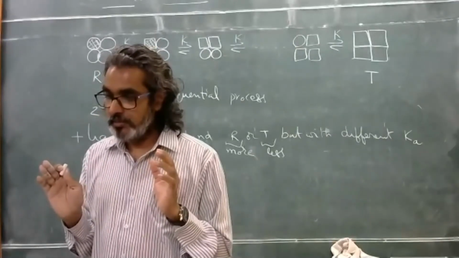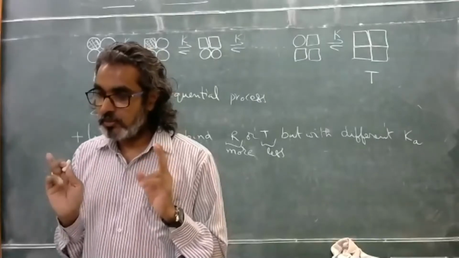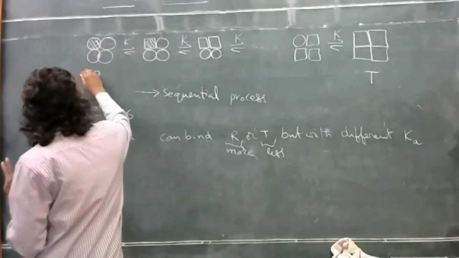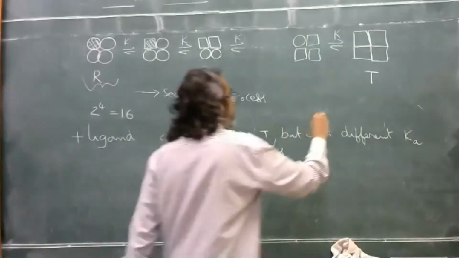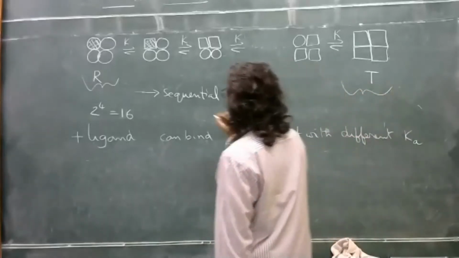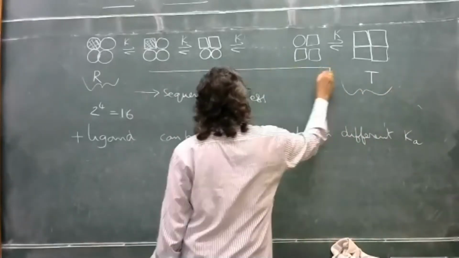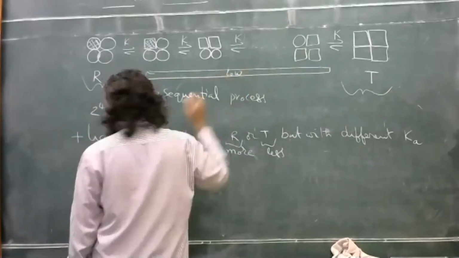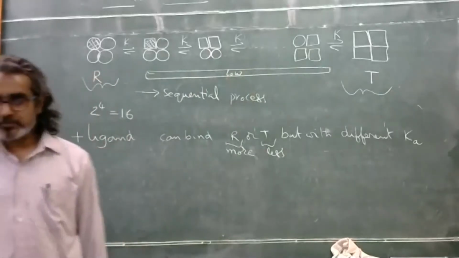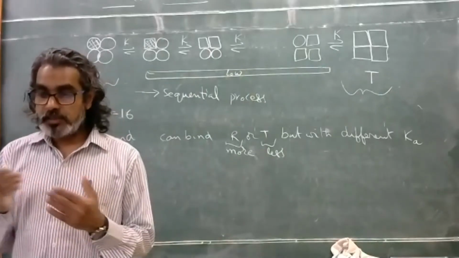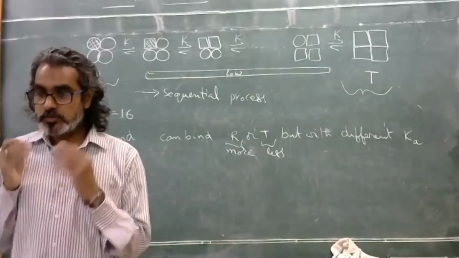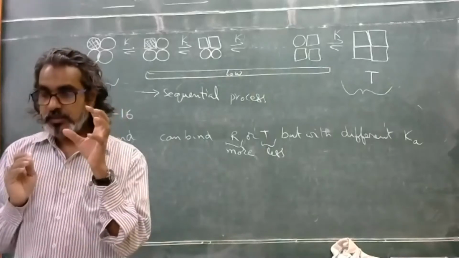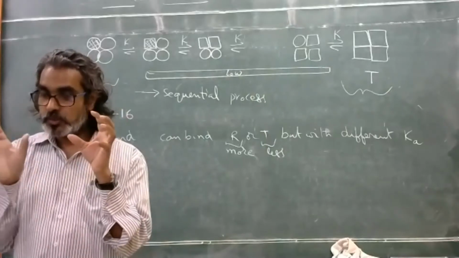Typically in the unbound case, the majority of the population shifts to either completely relaxed or completely tense, and the in-between states are very low populated. This is because of the cooperativity between the transitions. Imagine that a circle is a different shape compared to a square.